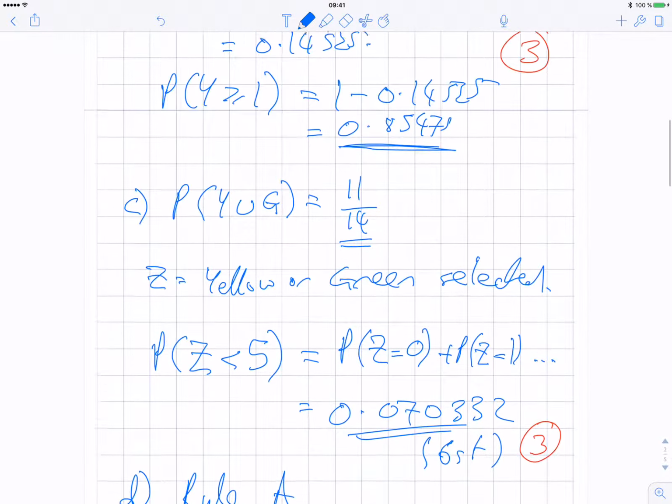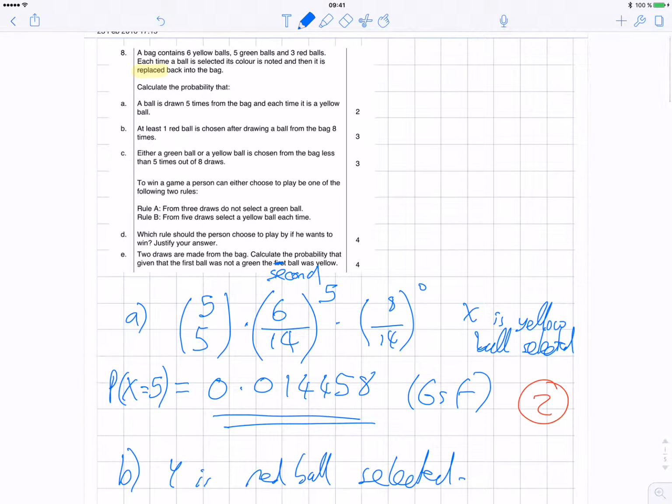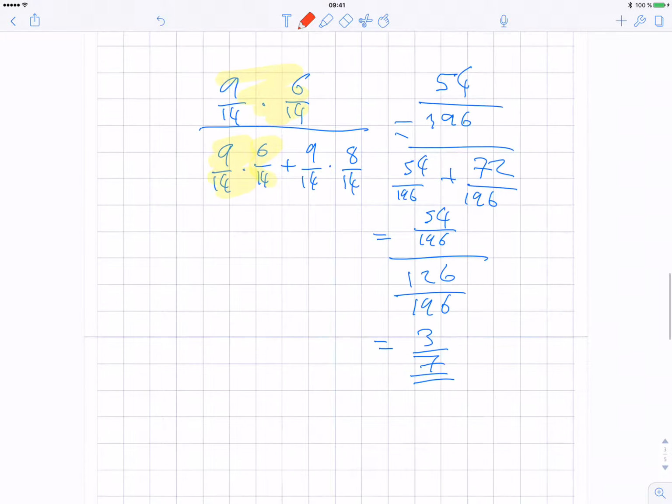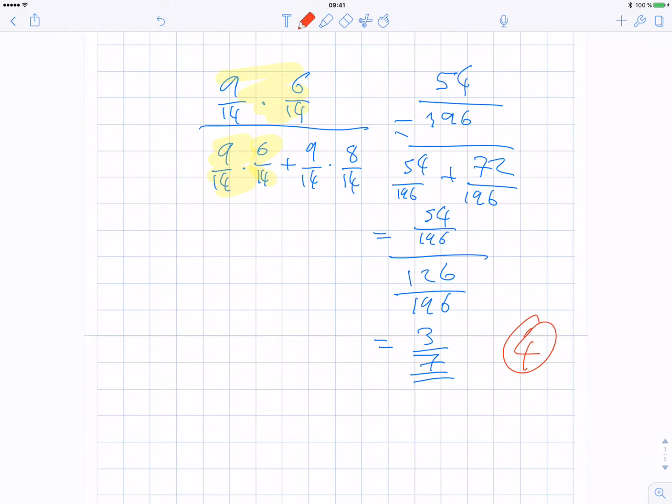And that question was worth 4 marks. And that is the end of that question, which took me a long time to do.